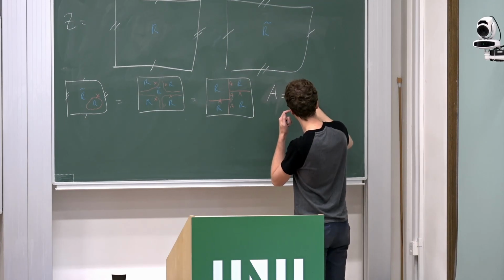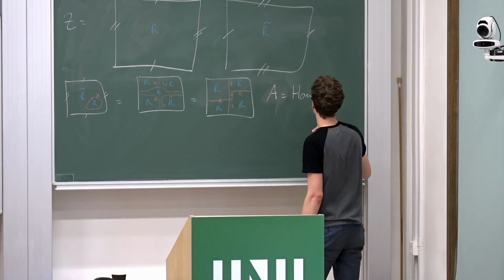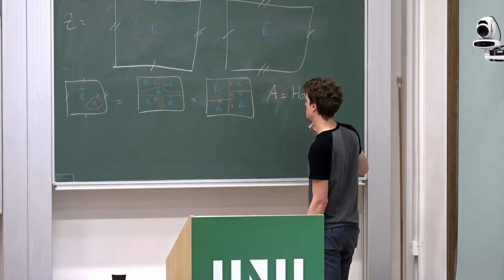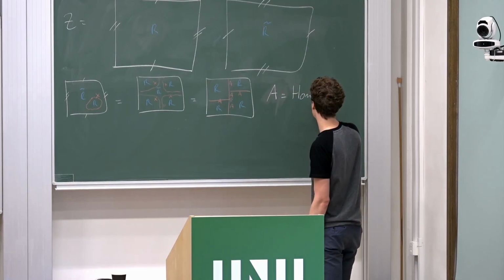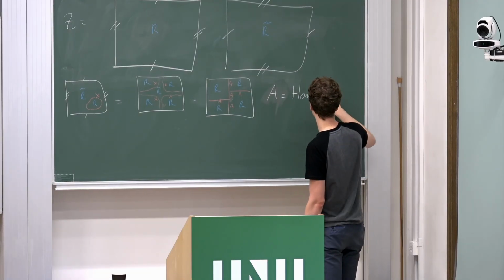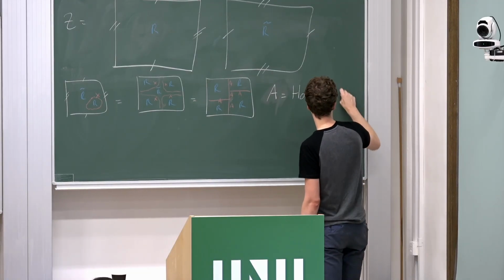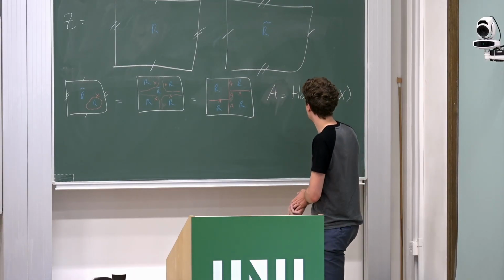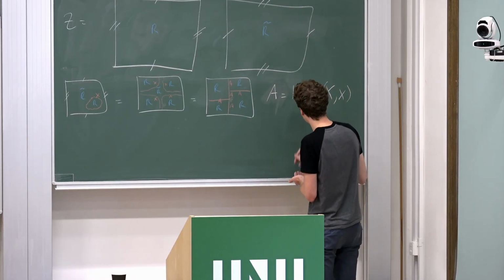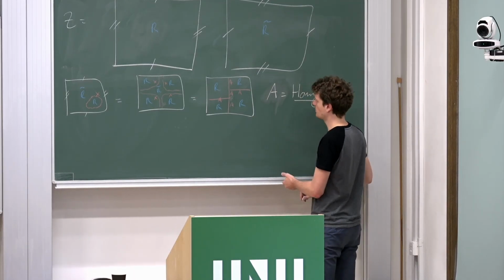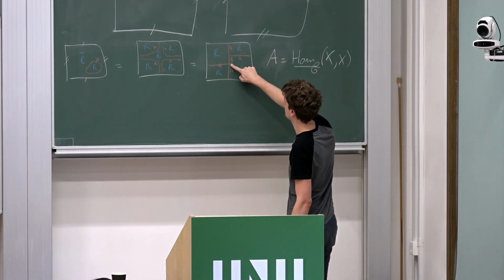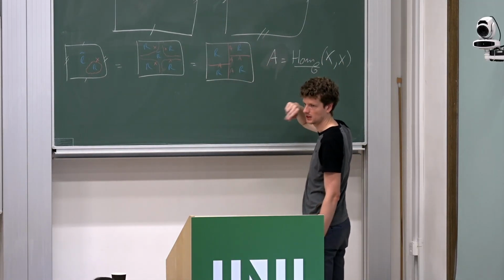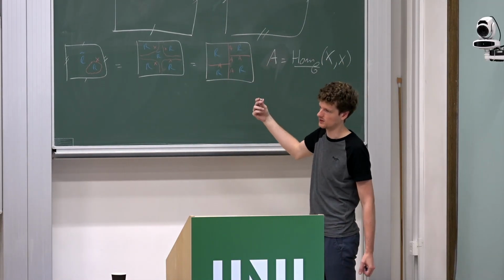So this A is something called the internal hom in, say, C, I think. I forgot exactly what the notation is. X with itself. So this, okay, it doesn't really matter what this is if you don't know what it is. What's important is that this way of constructing an object in the fusion category C gives you a special symmetric Frobenius algebra.